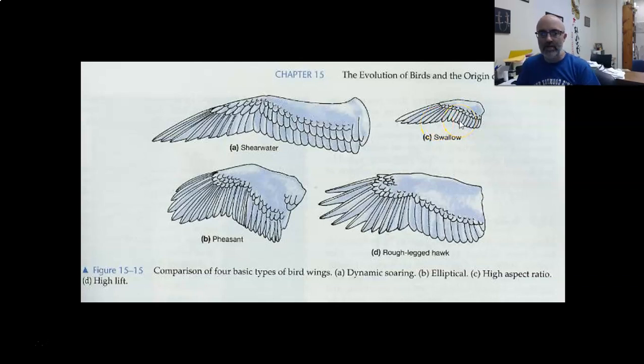These are very fast moving flying birds like swallows, falcons, and then finally D is the high aspect ratio, or no, I'm sorry, that's the high lift. Okay, and so these are for soaring birds like hawks and vultures, things like that. They do have, compared to the elliptical wings, they have more lift, but still a decent amount of thrust too.